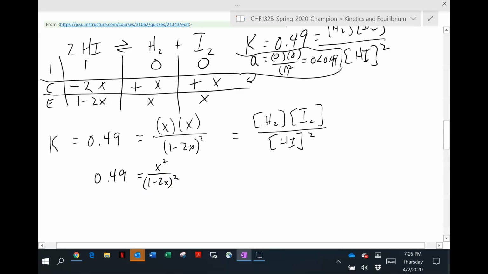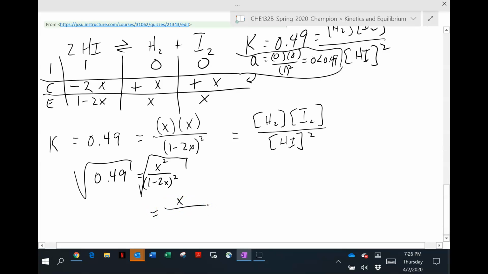So, since we have squares on the top and the bottom of that fraction over there, what we can do is take the square root of both sides, and we'll get something that's simpler. So over here, the square root of x squared is x.